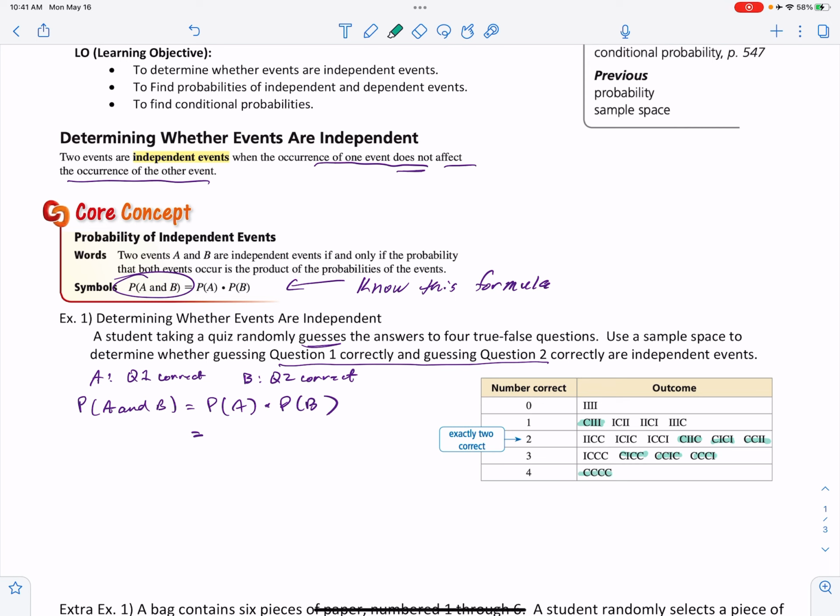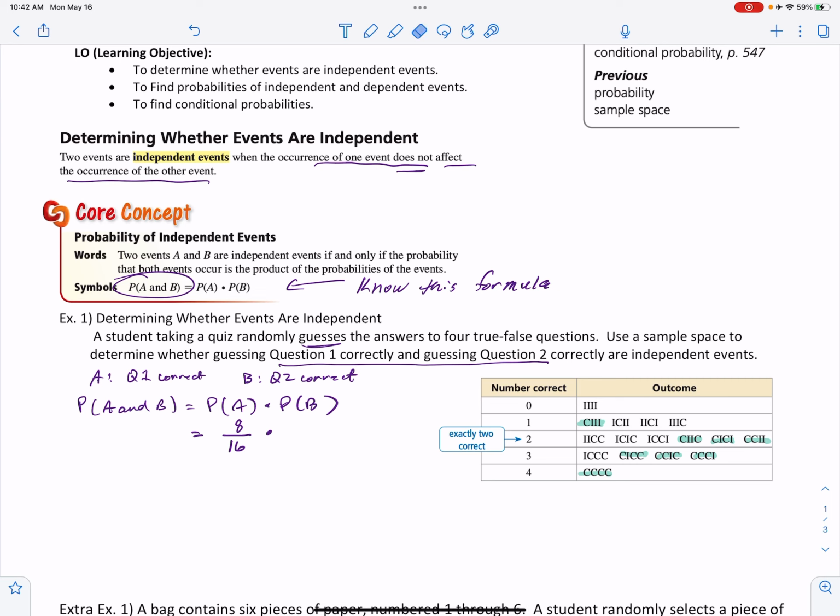Doesn't matter what happens after, but in all of those, the first answer was correct. And so there was a total of 16 in here, and I just highlighted 8 of them. So the probability that the first question was answered correctly was 8 out of 16.